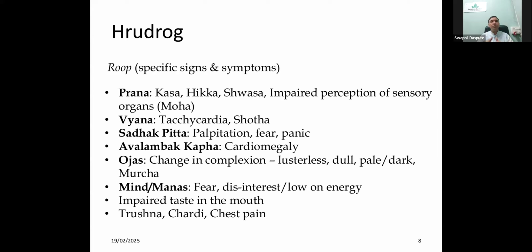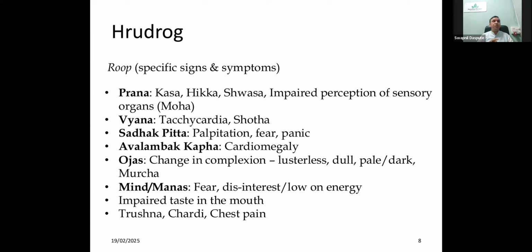We know pranavayu helps in inhalation, and udanavayu helps in exhalation. So deep breathing will be hampered because there is abnormality in functioning of the pranavayu. So this will not happen to the fullest extent. Hence, the patient will experience difficulty in deep breathing.